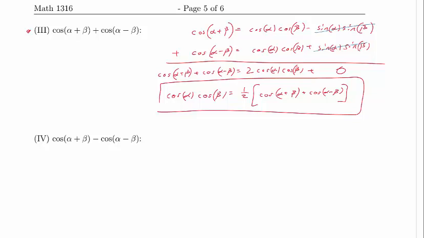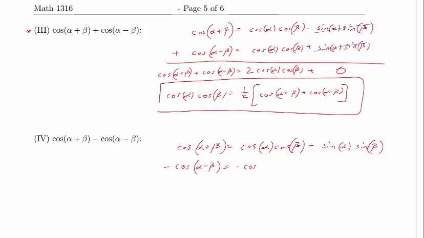So here we have cosine alpha plus beta equals minus, and now we subtract out the next guy, cosine alpha minus beta, and so now basically everything that was positive is negative, everything that was negative is now positive. Of course, in this case they're both negative. And so you can see this is going to be the one that cancels out.